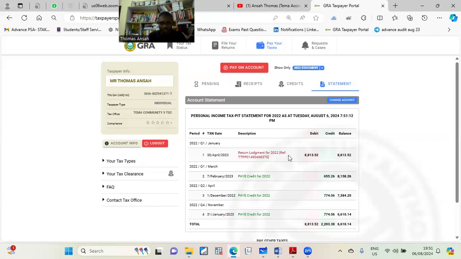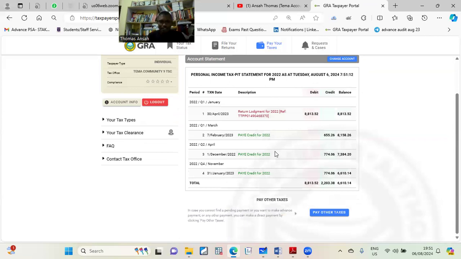So this is the tax I say I owe. But can you imagine, GRA, look at what they have done. In 2022, I have PAYE. Look at the time they put it in my system. PAYE credit 2022. Look at the time they did it. PAYE December.